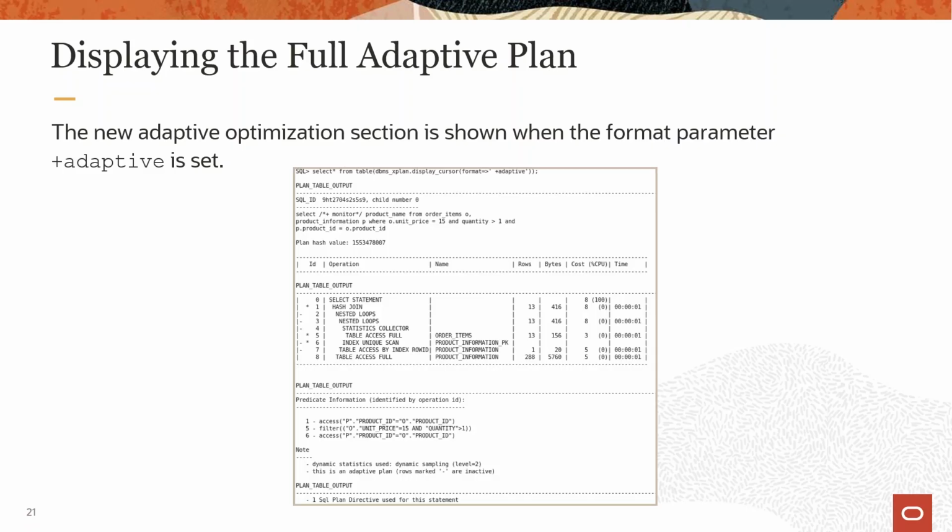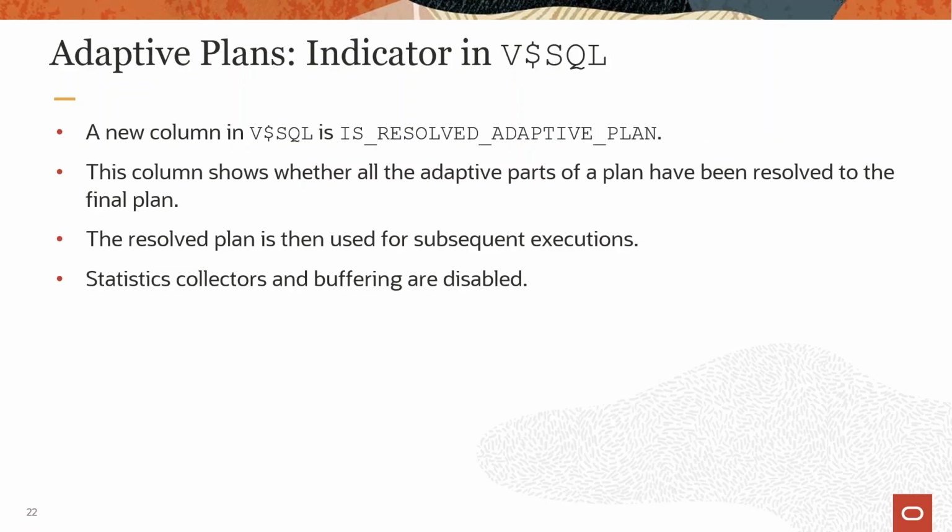Now, if you look into V$SQL, which is a view of the SQL statements cached inside the library cache, you will get a new column, IS_RESOLVED_ADAPTIVE_PLAN, that will show whether an execution plan is an adaptive plan that has been resolved to a final plan.